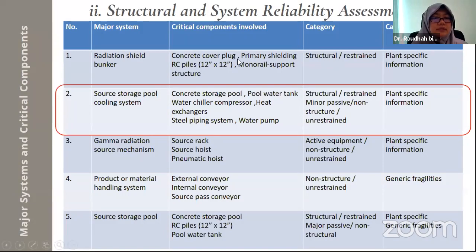A lot of components are involved in every category, and you look at the categories of equipment, whether they are structural, restrained, non-restrained, minor, passive, and so on. A lot of guidance can be found in papers or books related to industrial facilities. This is very much related to mechanical information and also to risk assessment.